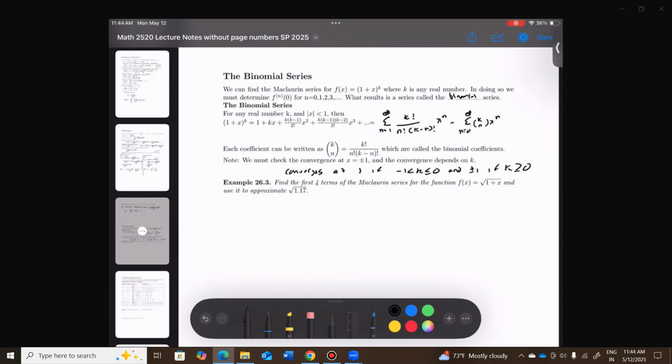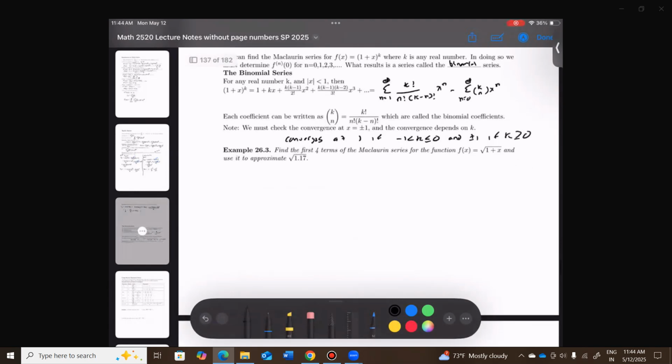Alright, so we want to find the first 4 terms of the Maclaurin series for the function f of x equaling the square root of 1 plus x, and use it to approximate the square root of 1.17. So we're looking here at k equaling 1/2 because of the square root. That's your power.